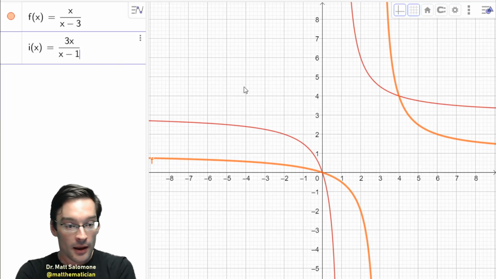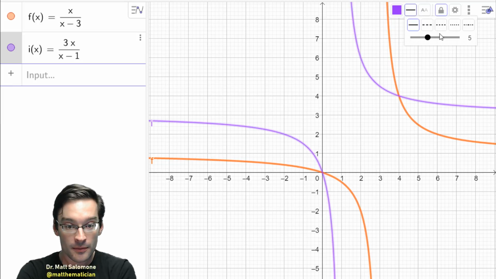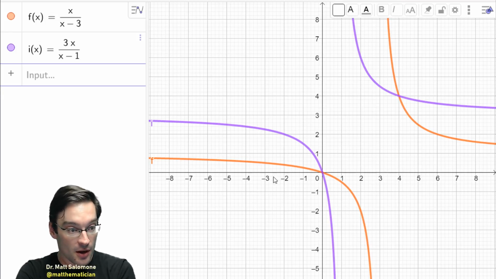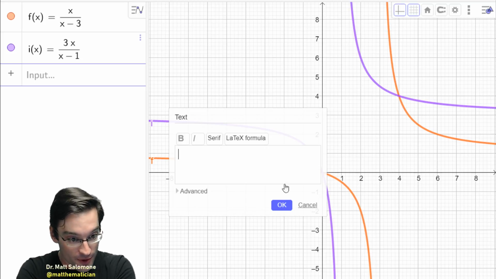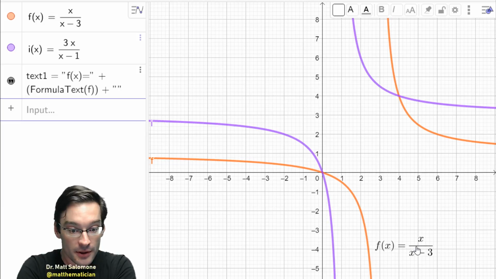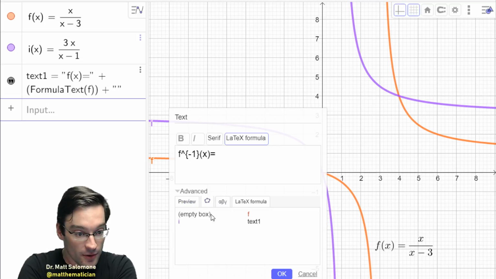Let me set that graph in a contrasting color so that it's easier to see. So here are graphs, respectively, of the function f and the inverse function, which we called I. I'm going to put the formulas for those on here just so we can see them as easily as possible. So f of x equals the formula for f, and then I also want f inverse of x, and I'll put the formula for the inverse in here as well.